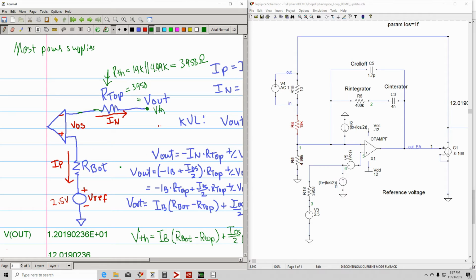So this is R bot, and that's R bot, and this one is typically going to be the same as R top. It's a rule of thumb, and it's also going to be 3958. There's a reason that we try to make these two equal, and I'm going to show that in a little bit. So anyway, now we have that.